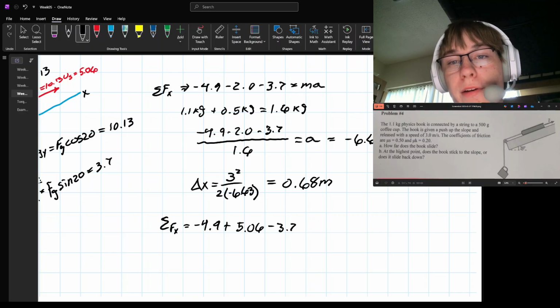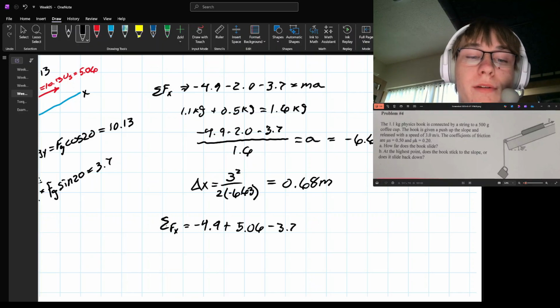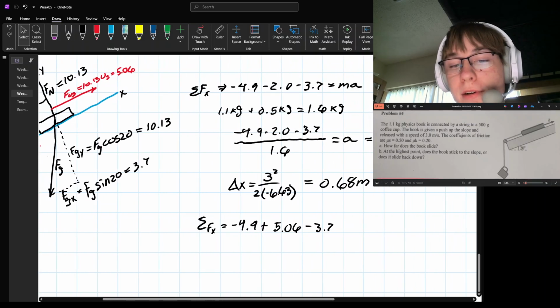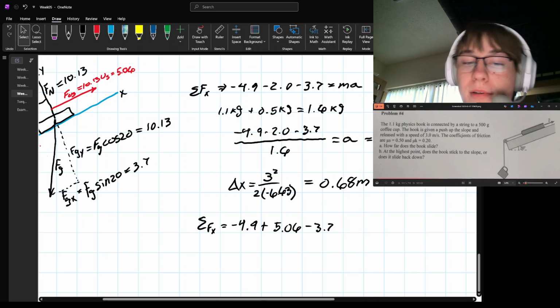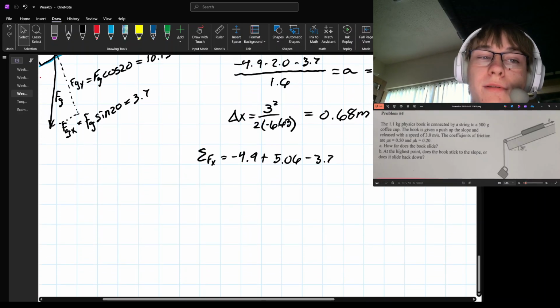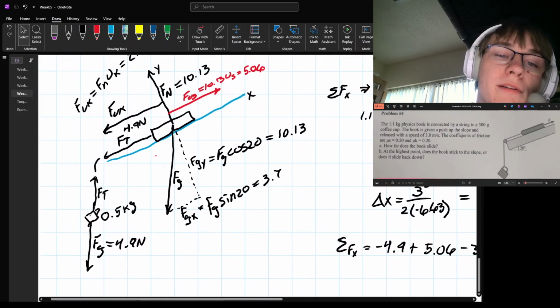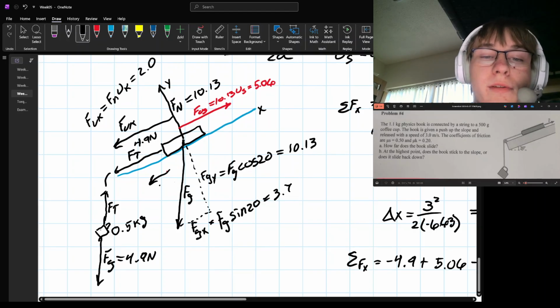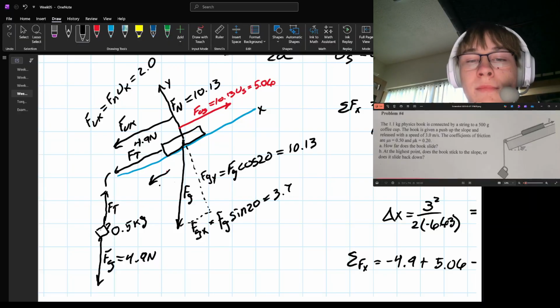And this time we don't need to do equals mass times acceleration because we're literally just trying to find the net force on our book here. So taking those three forces, adding them up, we get a negative force. And because of how we set up our axes here, a negative force is this direction, which means the book is sliding off the table.